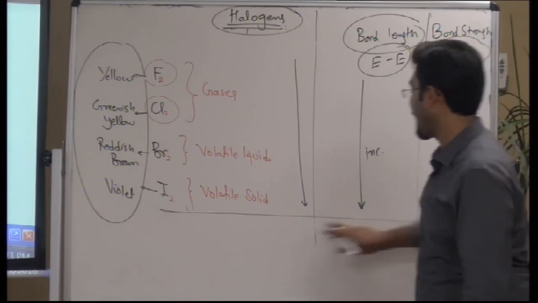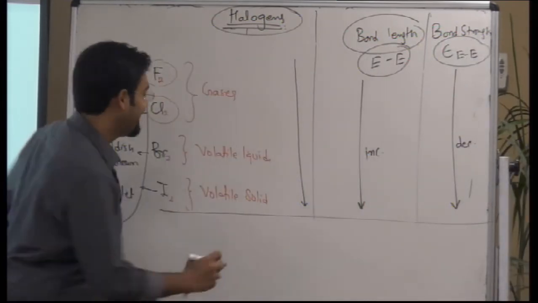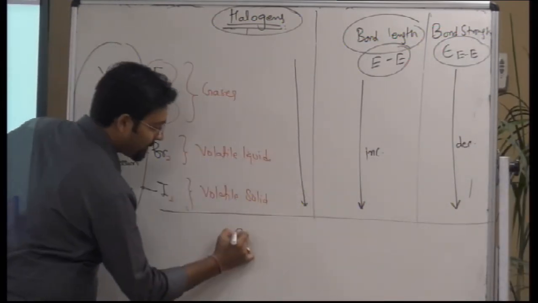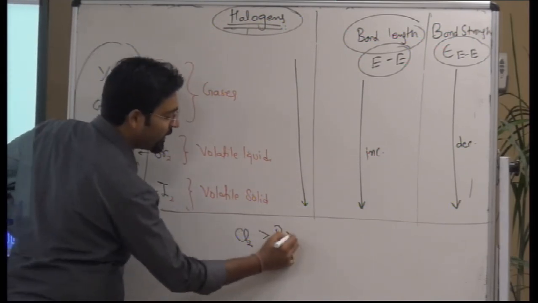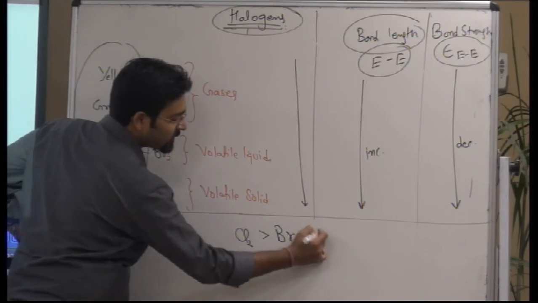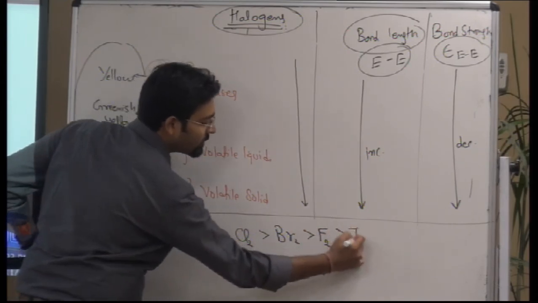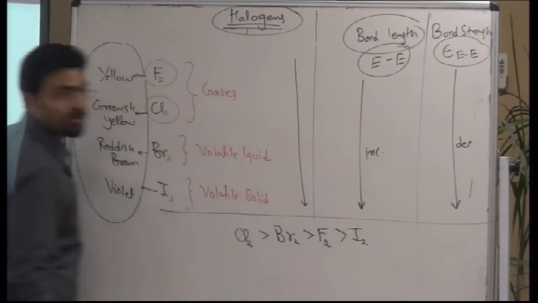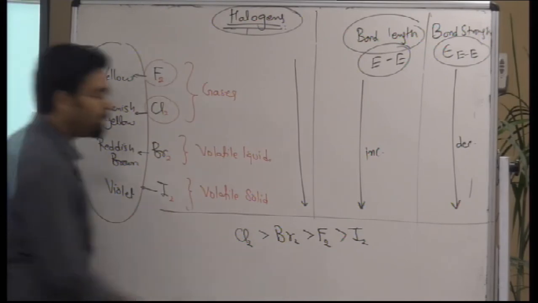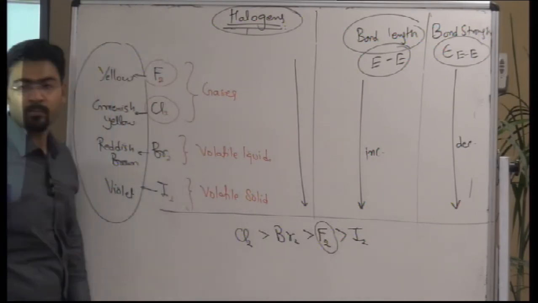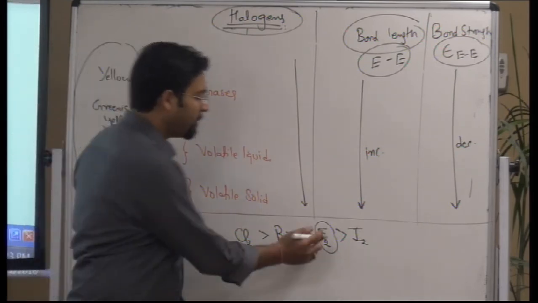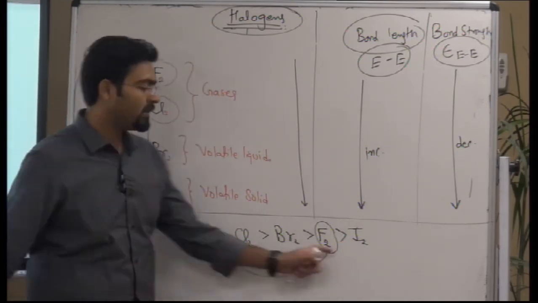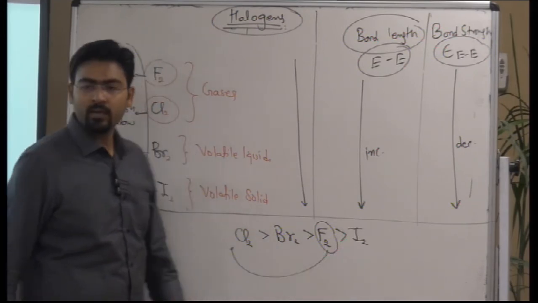But the bond strength of chlorine is better than that of bromine, which is better than that of fluorine, which is better than that of iodine. So what really happened with fluorine? I mean, the rest of the order is as it should be, but fluorine should have been here, and it's present at this position.